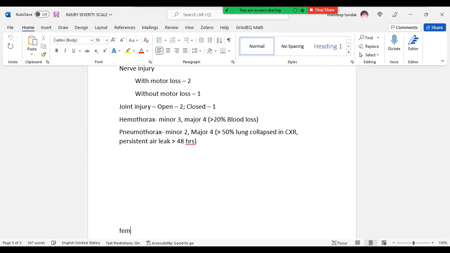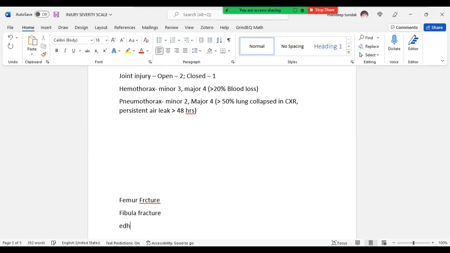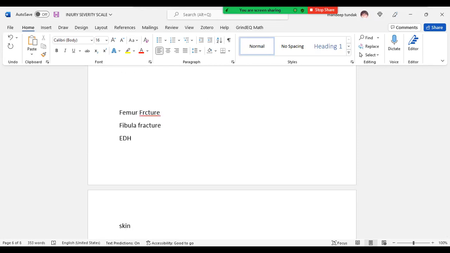We have one patient with a femur fracture, then a fibula fracture, then an EDH, and skin laceration over the face which is area less than 25 centimeter square. Suppose this is a young patient who has these injuries.